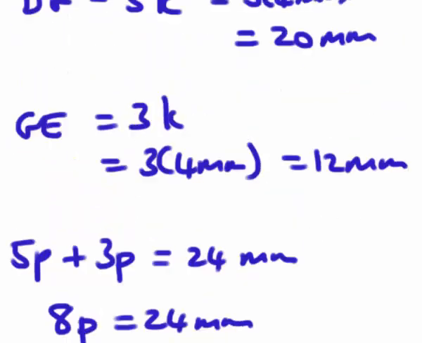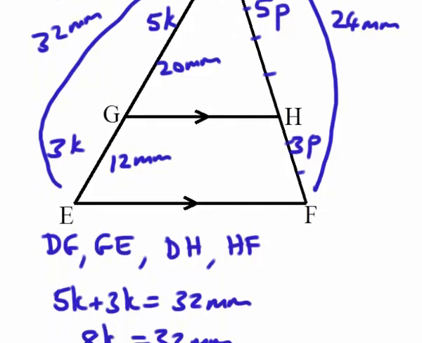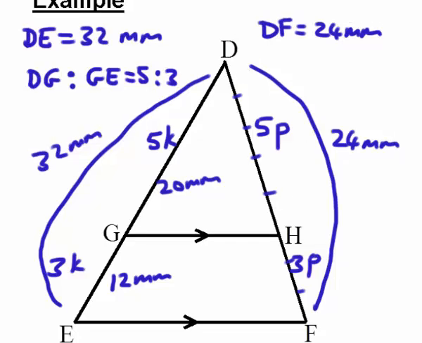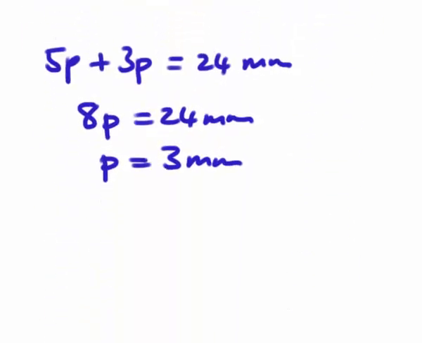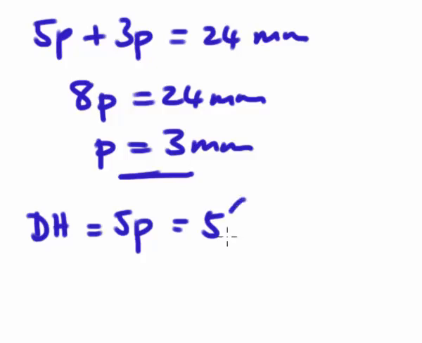So the actual p is worth 3 millimeters, although it's 5 parts to 3 parts there. Okay, so let's have a look at this. What would DH be? DH is 5P. DH is equal to 5P, which is 5 times what is P? It is 3 millimeters, which of course is 15.